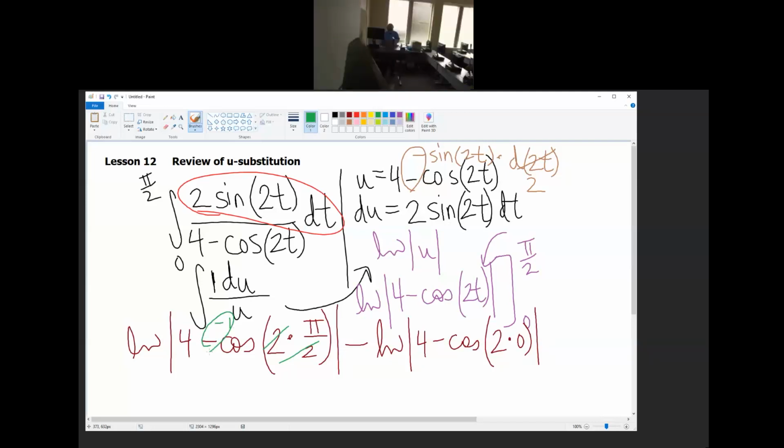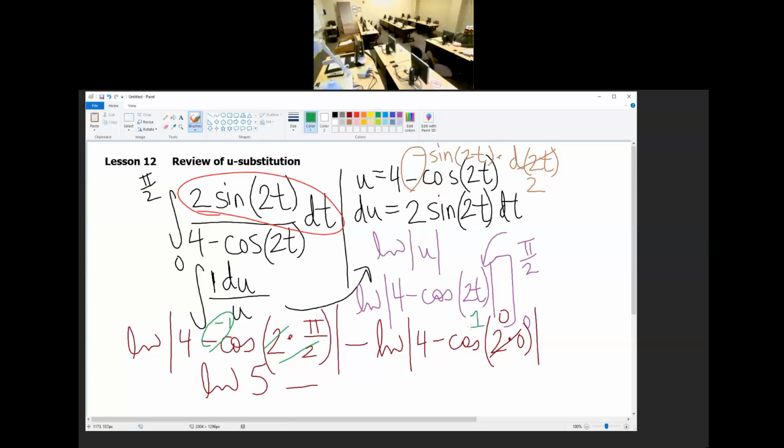So 4 plus 1, that gives us positive 5, or natural log of 5, minus cosine of 0 is actually a positive 1. And 4 minus 1, that gives us 3 still.